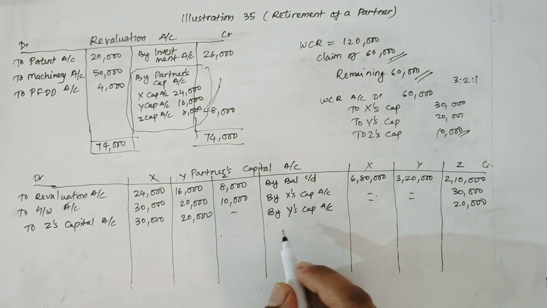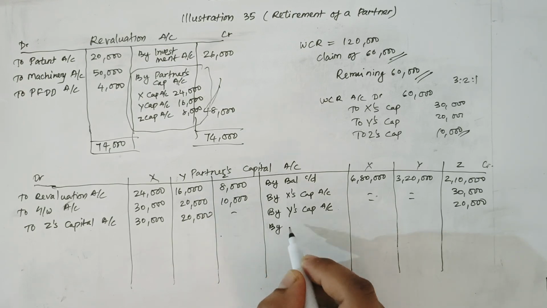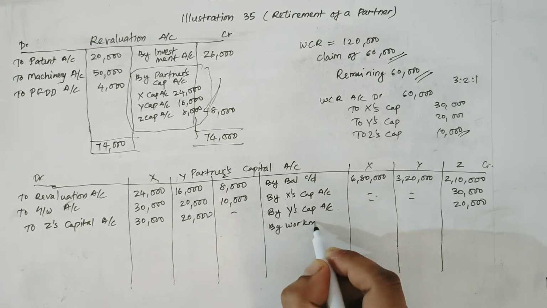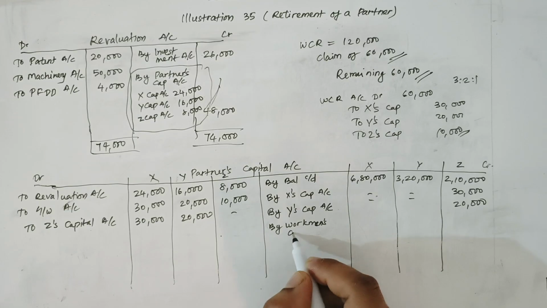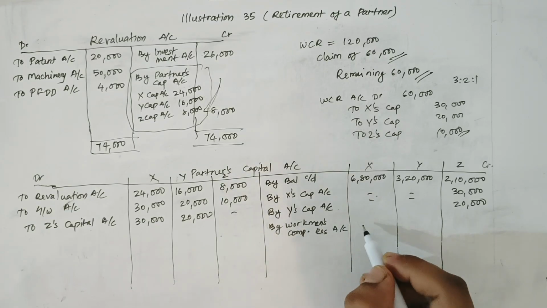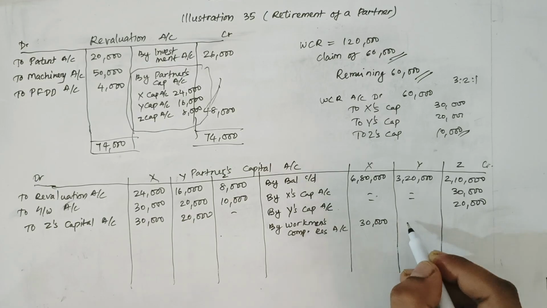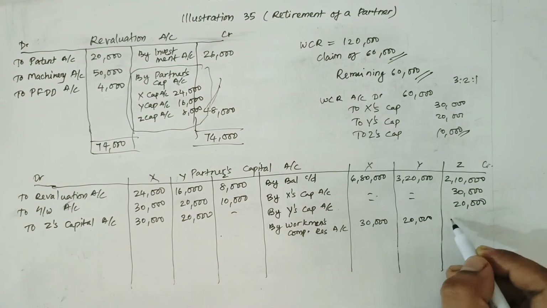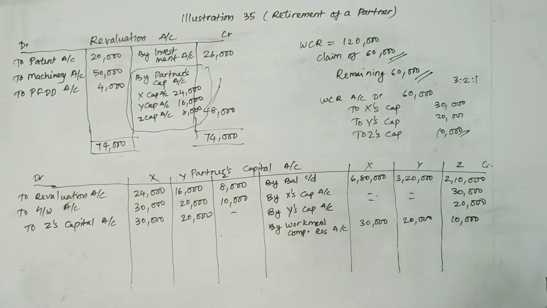So on the credit side of partners capital account by workmen's compensation reserve account, 30,000, 20,000 and 10,000. So workmen's compensation reserve is distributed.